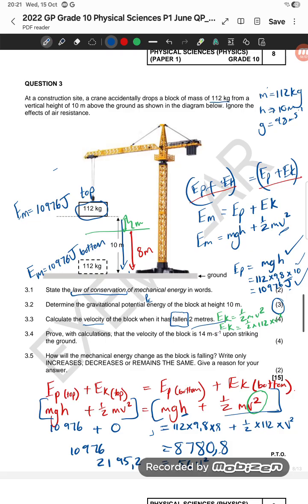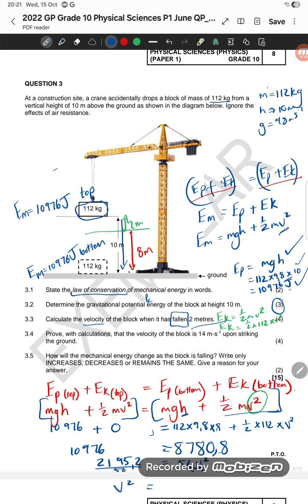So divide both sides by 56, and remember that that is velocity squared.